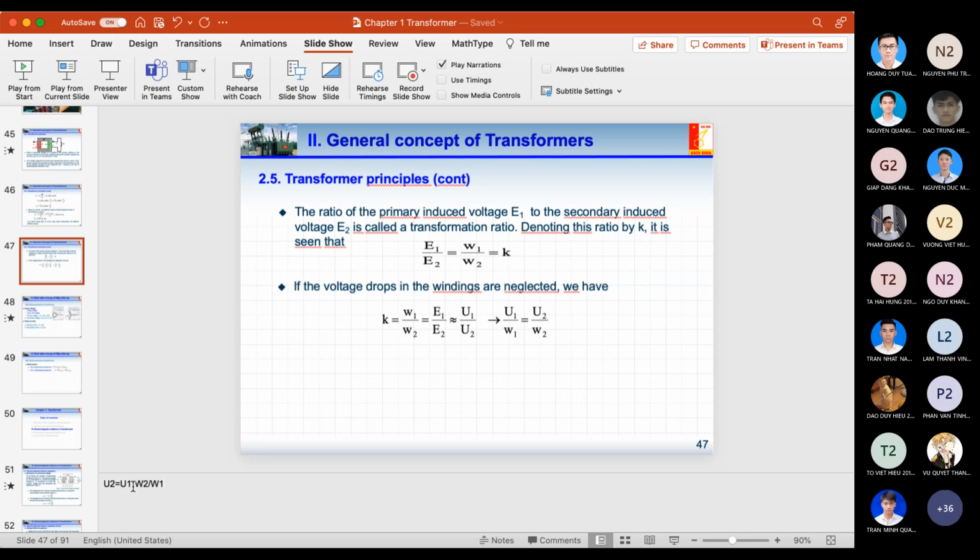Yes, everyone knows this, but I would like to ask: according to you, you can change the number of turns of W2 or W1.